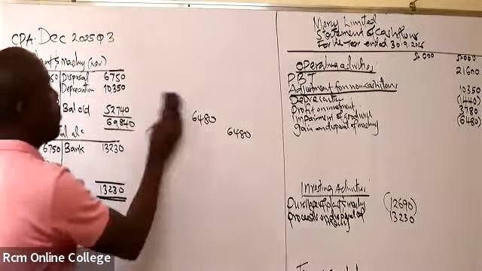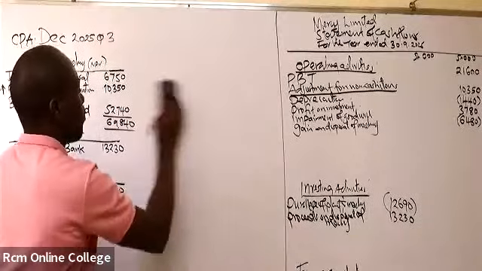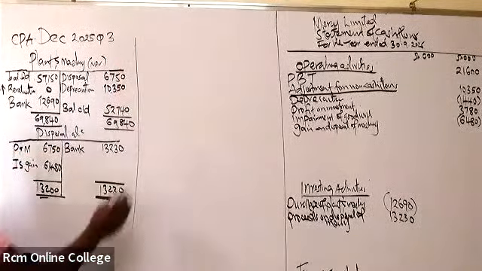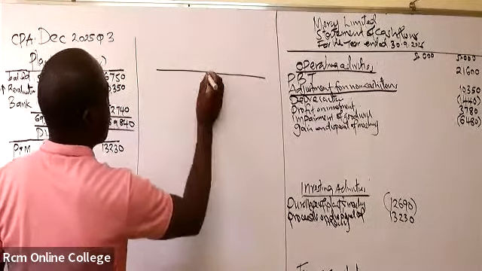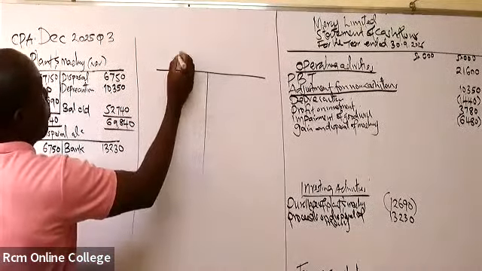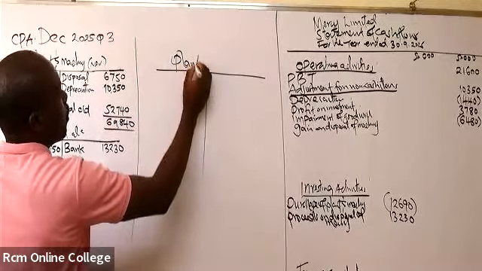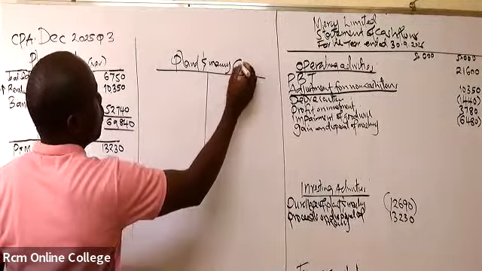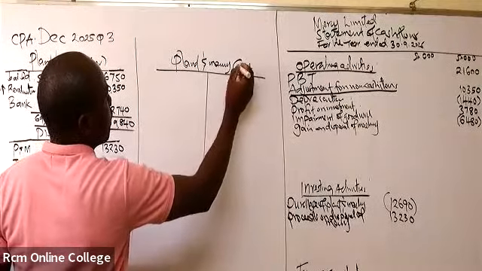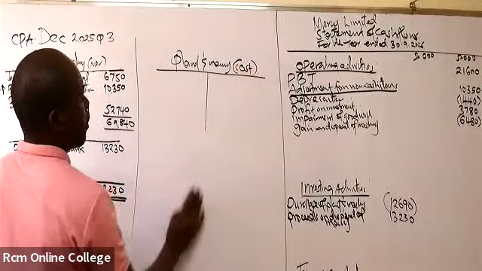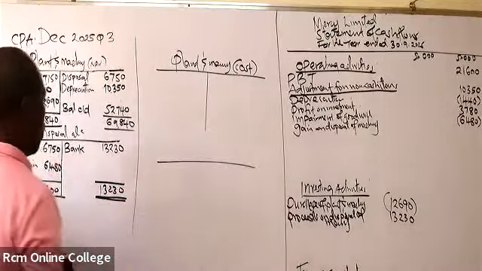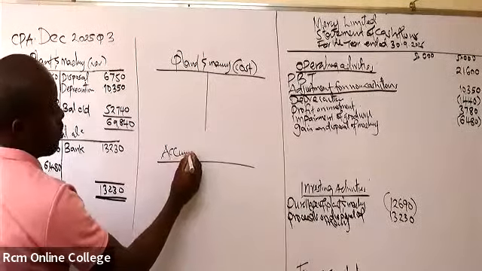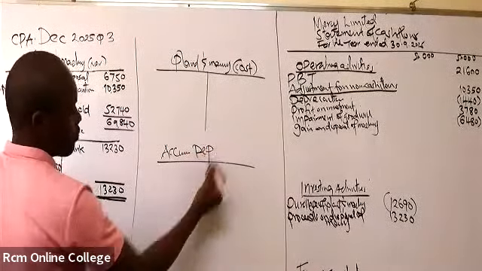What if this was to be maintained at cost? If the account was to be maintained at cost, we must get plant and machinery at cost, right? Then we have to come up with what we call the accumulated depreciation account.